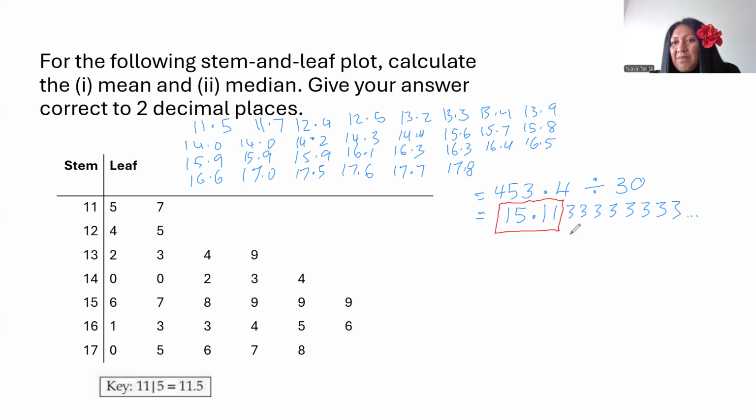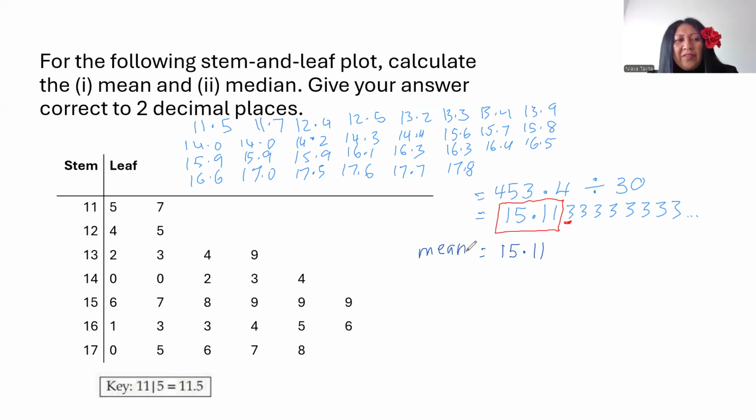The next step is that we look at the digit on the right, and if that is 5 or more, we would round it up. If it's less than 5, then we leave it as it is. So therefore, the answer correct to 2 decimal places is 15.11. So that would be the mean for this data set.